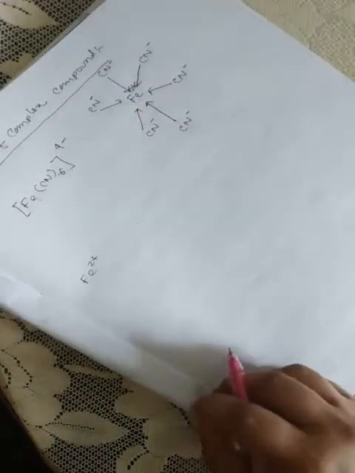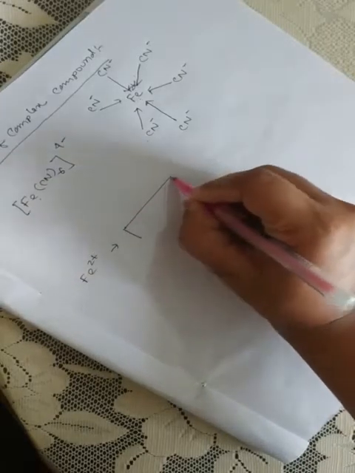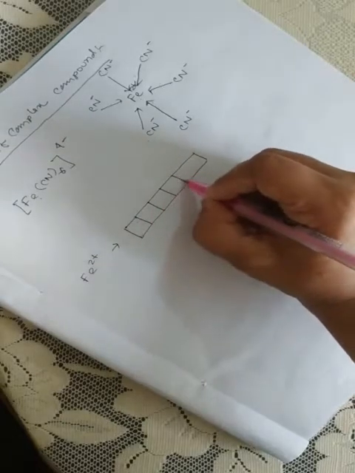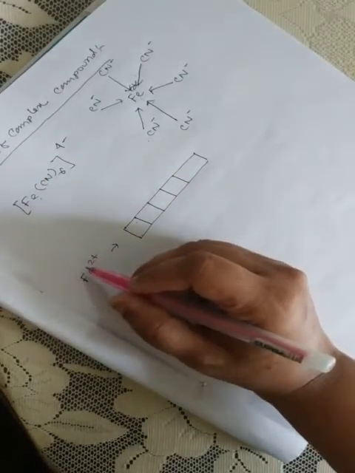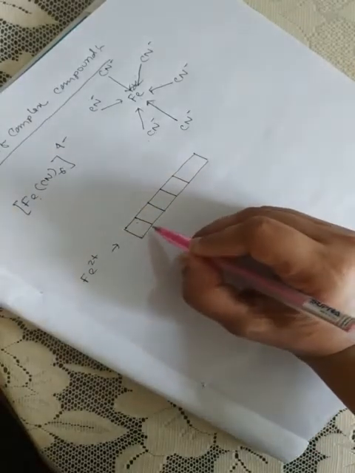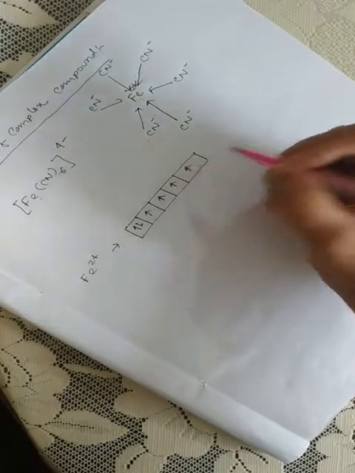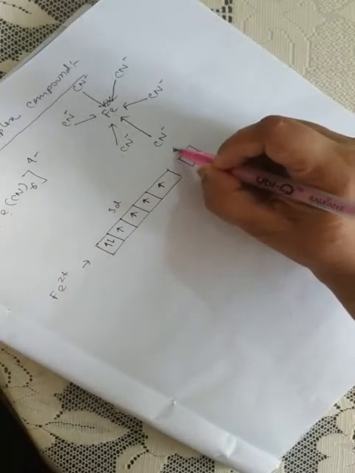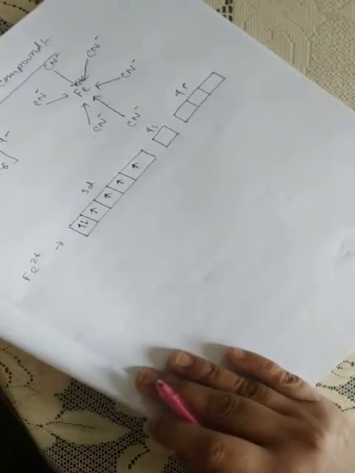So, the outermost shell electronic configuration: iron has the 3d orbital, and in the 3d orbital iron has 6 electrons, and it has vacant 4s orbital and 4p orbital also. Okay, 4s and 4p orbitals are vacant.